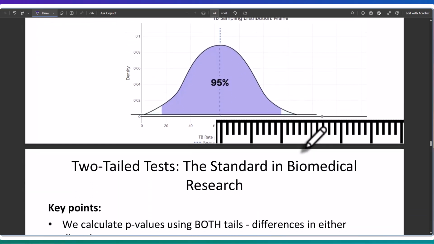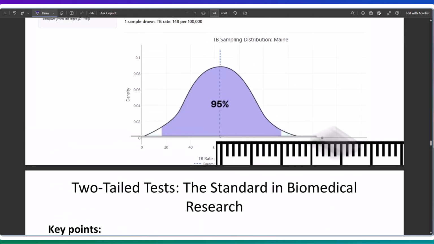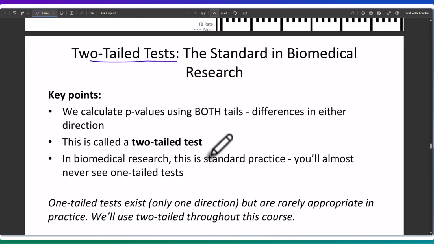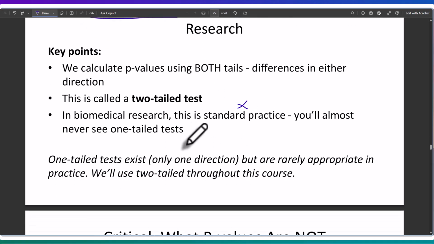Okay, so as I said, we multiply that extreme value by 2. That's because what we typically do in research are two-tailed tests. There are one-tailed tests, but we never really see them in standard practice.